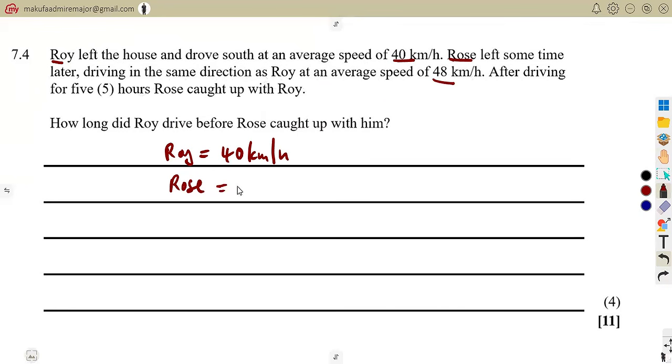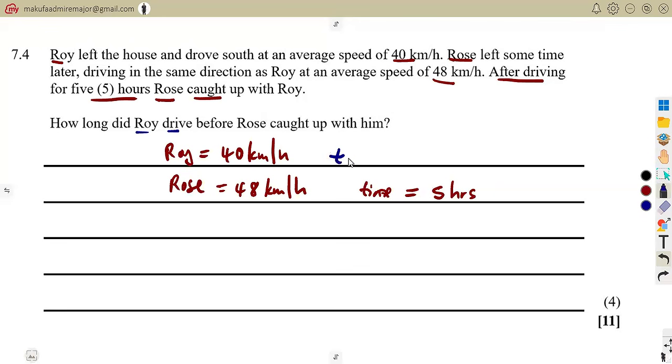This one is moving at an average speed of 48 kilometers per hour. After driving for 5 hours, Rose caught up. After driving, this is the time for Rose. So for Rose, we are given the time frame. She drove for 5 hours and caught up with Roy after 5 hours. Then she caught up with what? With Roy. So they're asking you, how long did Roy drive before Rose caught up with him?